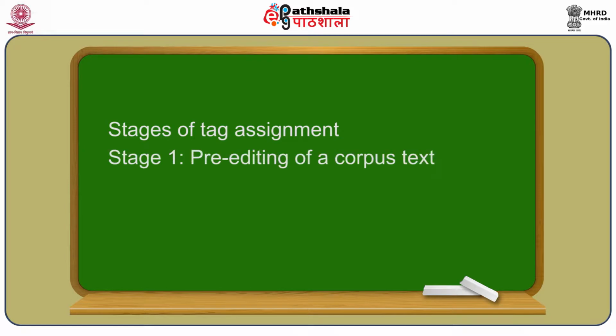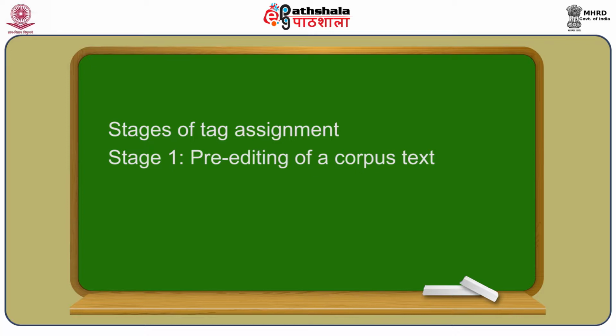First stage is pre-editing of a corpus. Let the corpus be appropriately prepared, entirely error-free text. That is called the pre-editing part, where a text is converted into a machine-readable suitable format so that the machine can carry out the task of POS tagging on the text.